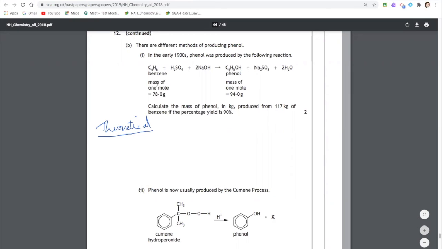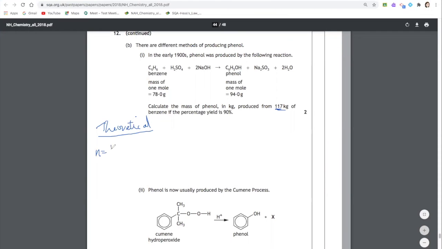So we've got 1 mole of benzene should give you 1 mole of phenol. I'm not going to do it by the direct proportion way. I'm going to do it by using the mole relationship. So if we have 117 kilograms of benzene, we need to work out how many moles that is.